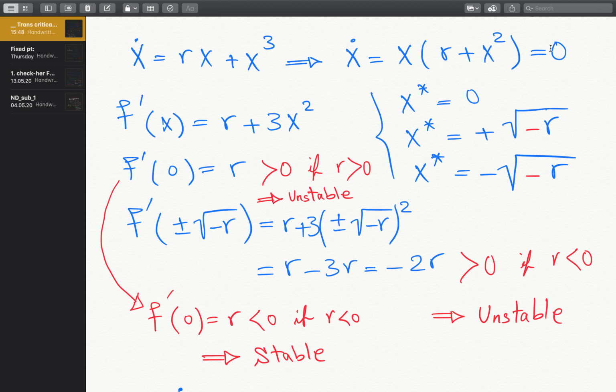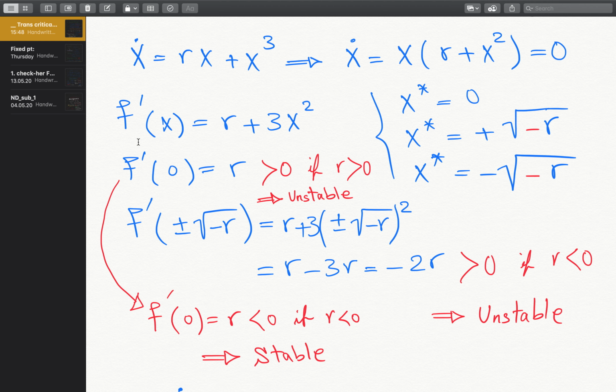If you put it equal to 0, then one of the fixed points is again x star equal to 0, and the other one is where this term should be equal to 0, which means that x squared is equal to minus r, which means that x is equal to positive and negative square root of minus r. And so these are our fixed points, right? And here you want to talk about its stability.